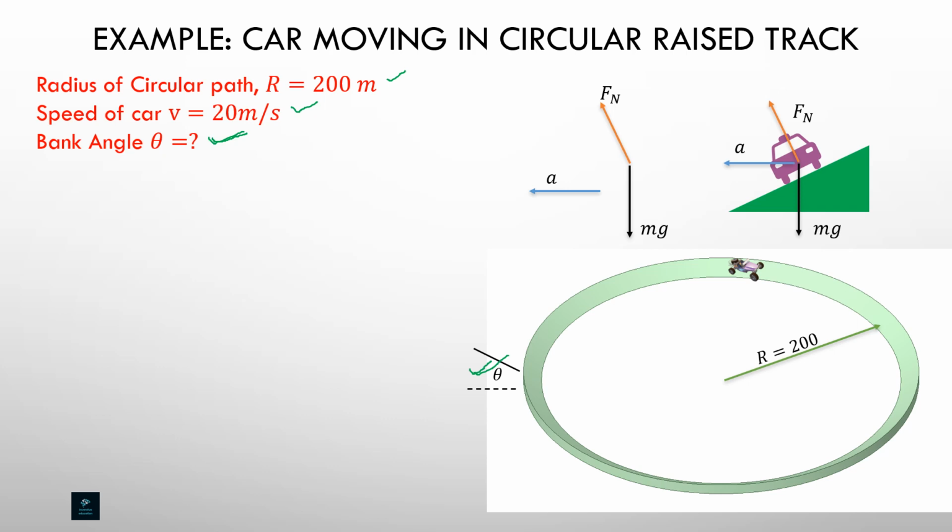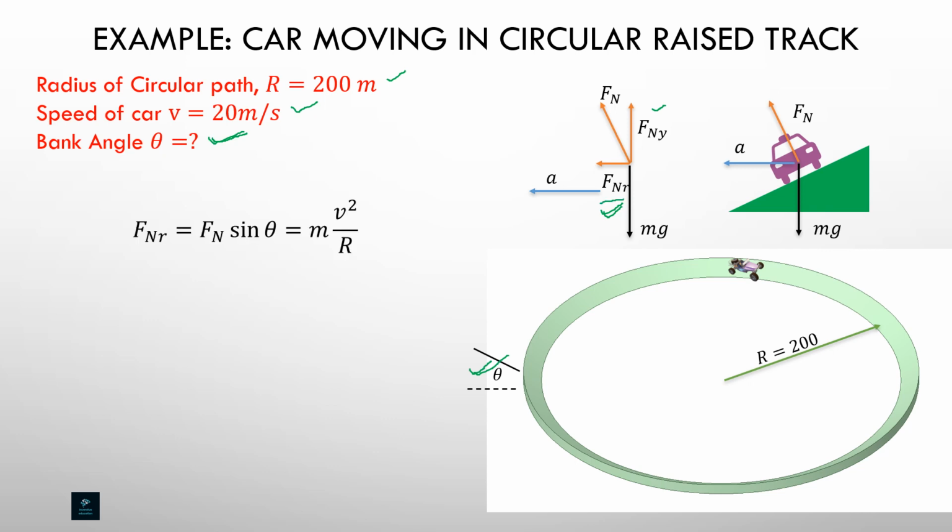We will take components of the normal force in the radial direction and in the vertical direction. In the vertical direction we have a component of Fn as Fny, and in the radial direction we have a component of Fn as Fnr. In the radial direction we have only one force and we have acceleration. Applying Newton's second law, the net force Fnr equals mass times a.